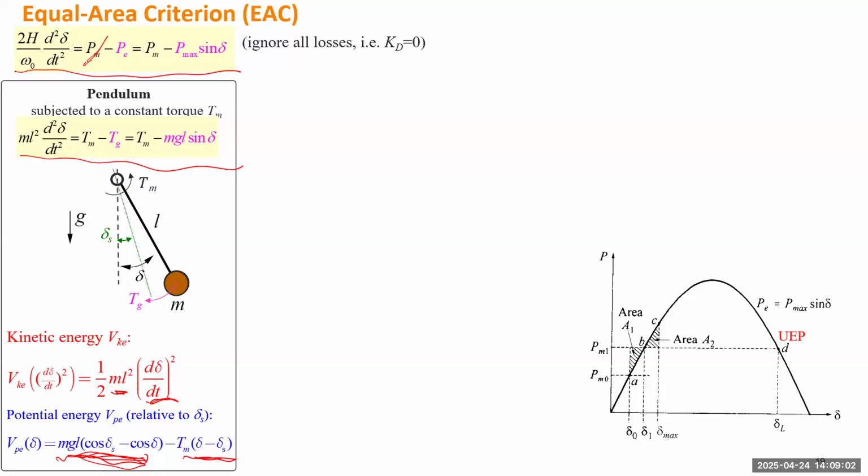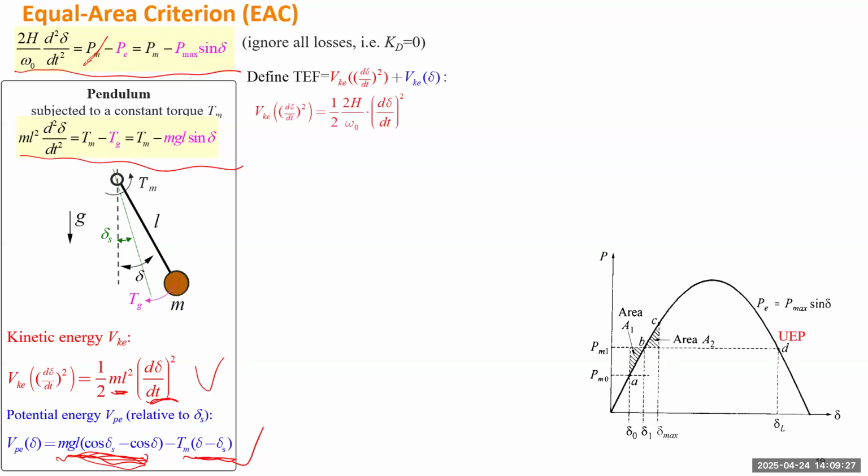Okay, so we know the kinetic energy and potential energy for the pendulum, and the total energy can be considered as the transient energy function for the single machine infinite bus system. We just learn from those two formulas to construct the transient energy function. So we define the transient energy function to be a kinetic energy only depending on the angular speed squared, plus a potential energy only depending on the angle.